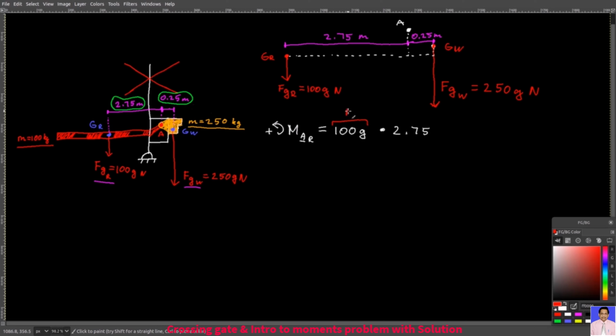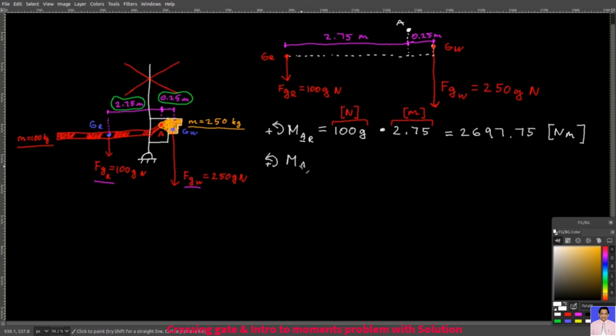This one here, that's the force, and this is the moment arm. The force is in newtons and the moment arm is in meters. And so that equals 2697.75 newton meters. So that's the unit of a moment. It makes sense because you have newtons here and meters here.